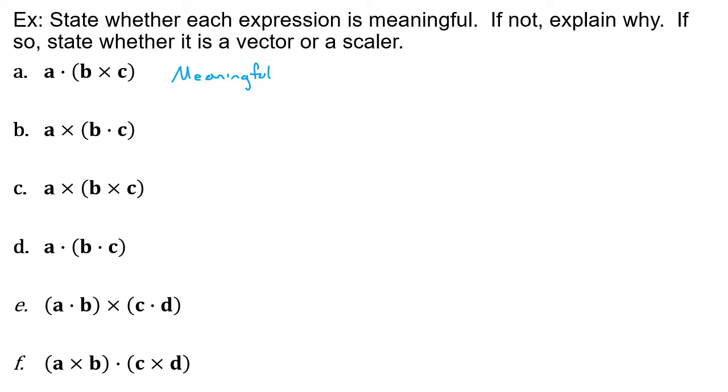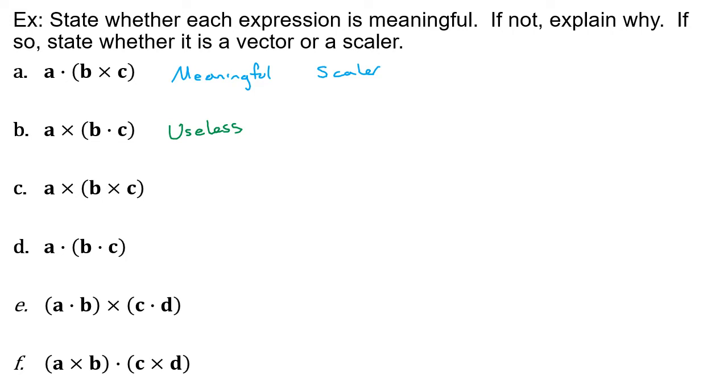When you get done, though, it is a scalar, because a dot product will give you a number. A cross B dot C, that is completely useless. B dot C is a number, and I can't cross a number with a vector. So can't do anything there.